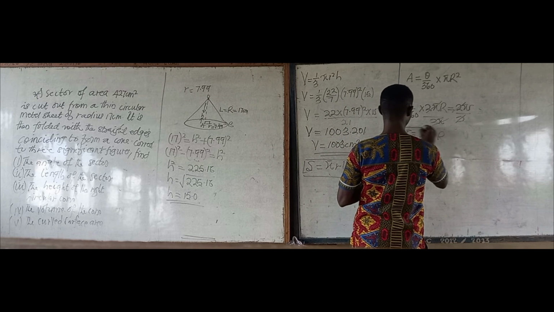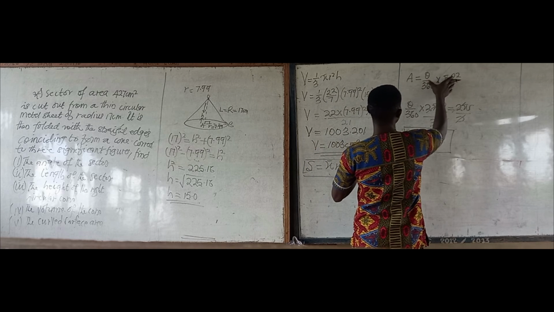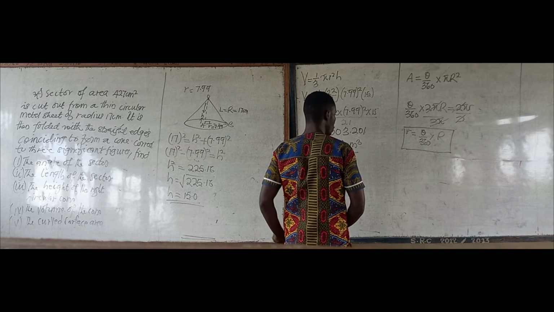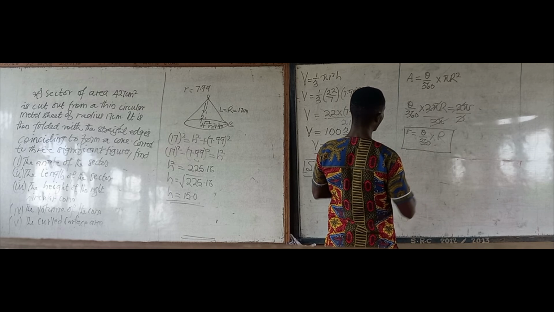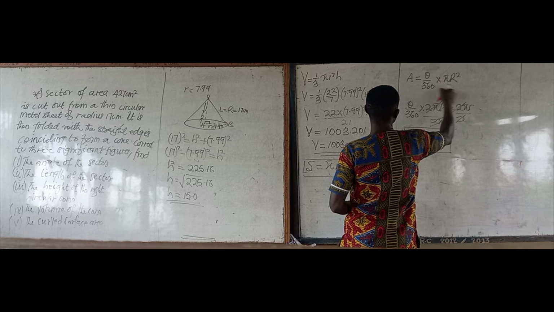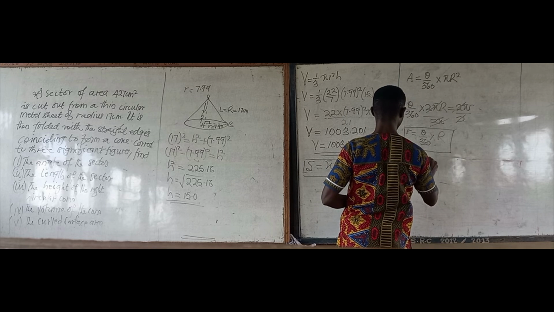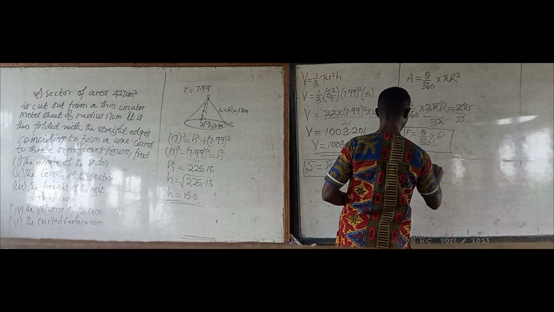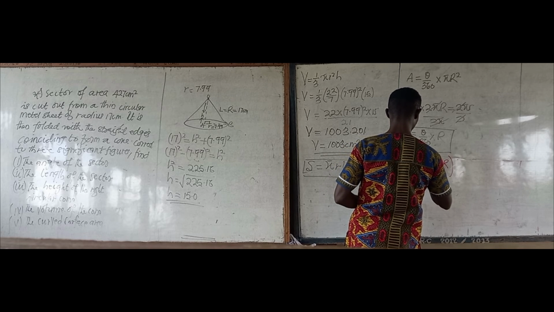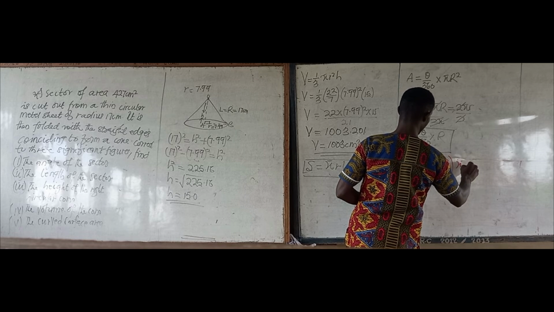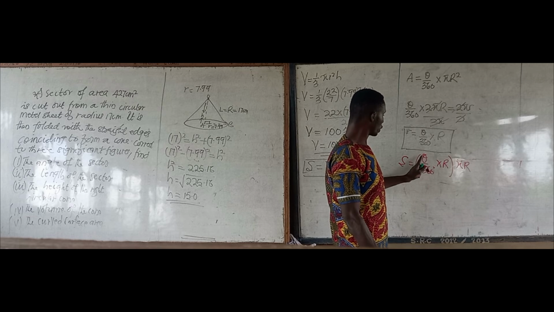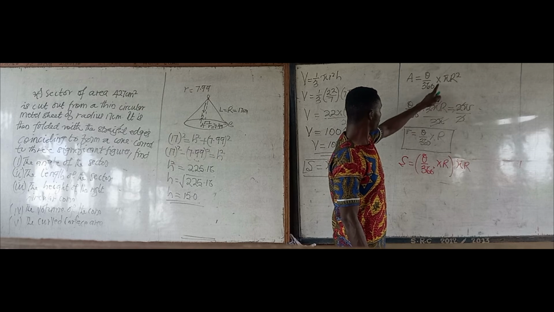So this one has a relationship with this. You are talking about the surface area. The surface area will be equal to theta over 360 times R, into bracket pi R, so that when you multiply, you get theta over 360 times pi R squared.